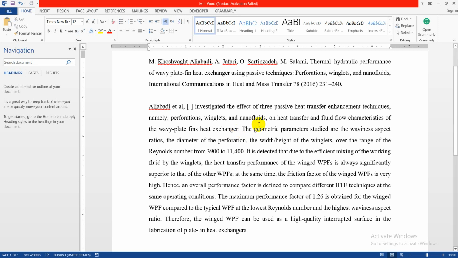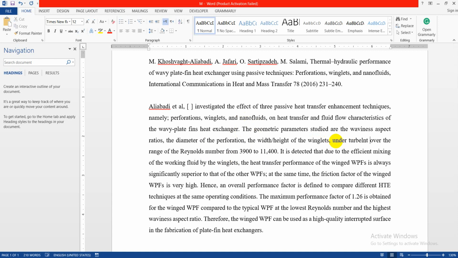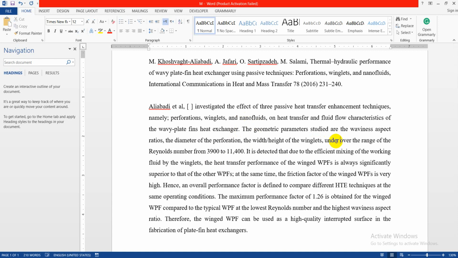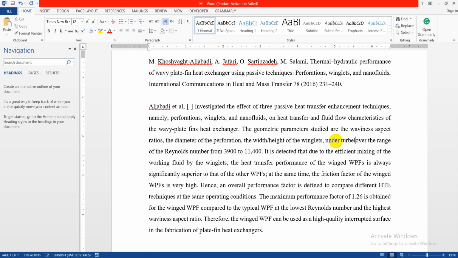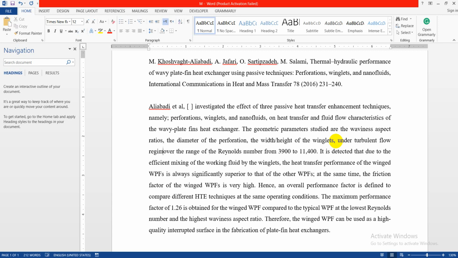If you want to mention the value exactly, or you can say under turbulent flow regime. That's enough.